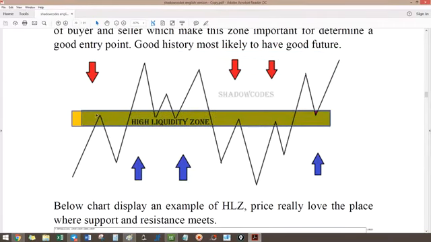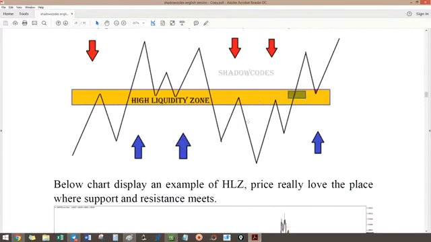For example, you have a support here, a resistance here, a support here, a resistance here. Most likely, after the break of this level, price will retest back here in this zone. You will most likely have a flag limit or a base here, right?